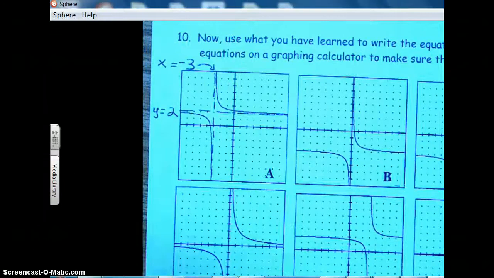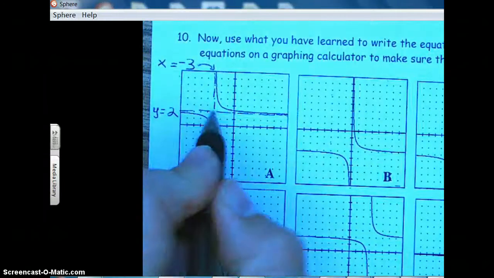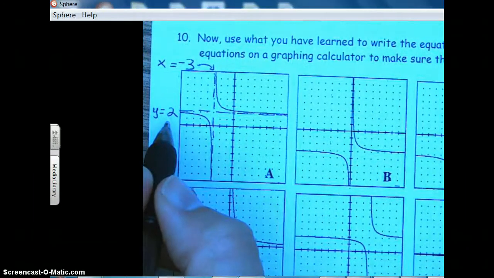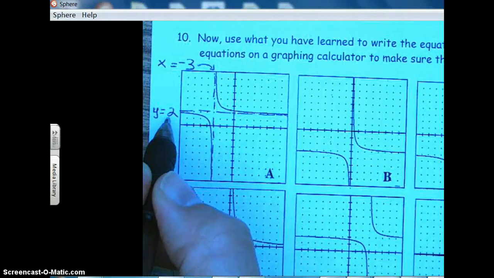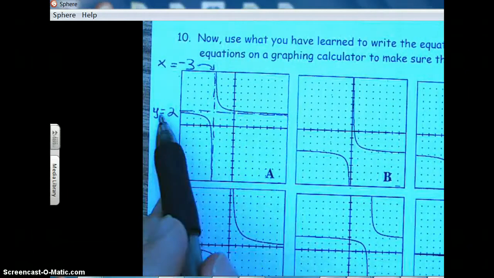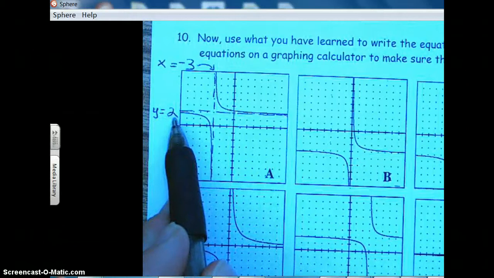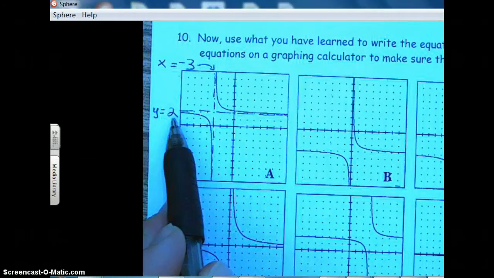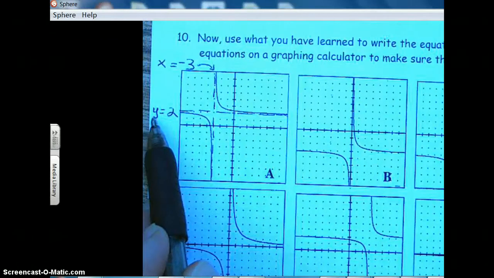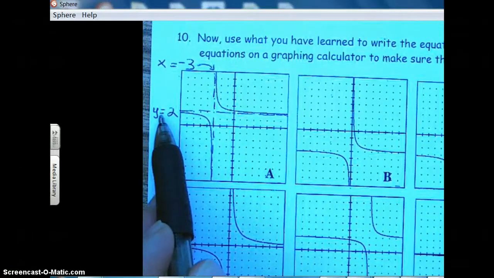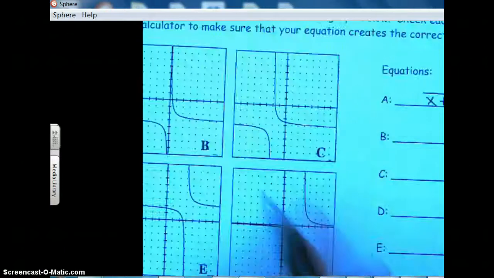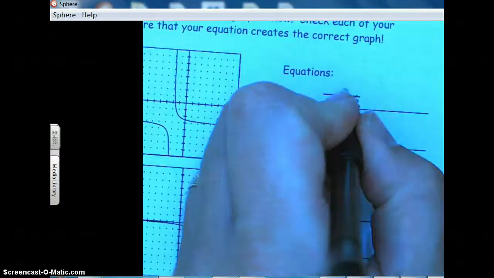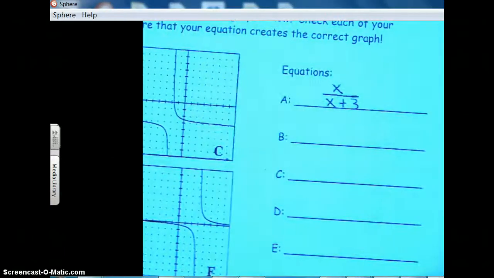Okay, so that means that it's not y equals 0, so the degree of the numerator is not less than the degree of the denominator. It's not none, so the degree of the numerator is not bigger than the degree of the denominator. So that means the degrees must be the same. So the degree of the denominator is 1, so the degree of the numerator is also going to be 1.